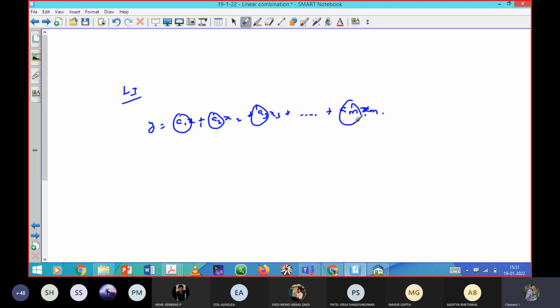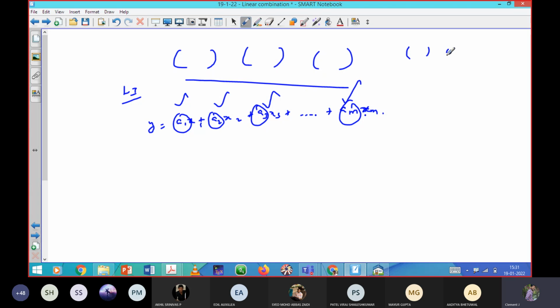If they are linearly dependent, in that case it will be 0. Definitely it can arrive at the case like 0. They will be providing triplets, maybe 3 triplets or 4 triplets, or sometimes ordered pairs also. They simply ask you to check whether the given vectors are linearly dependent or independent.